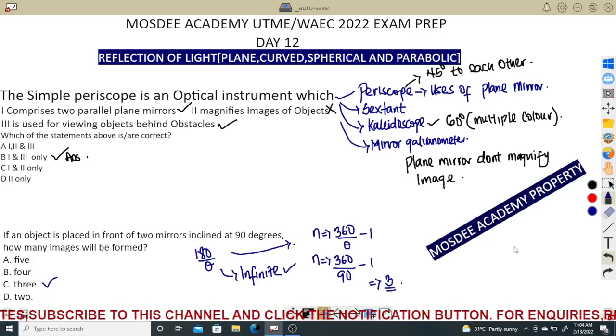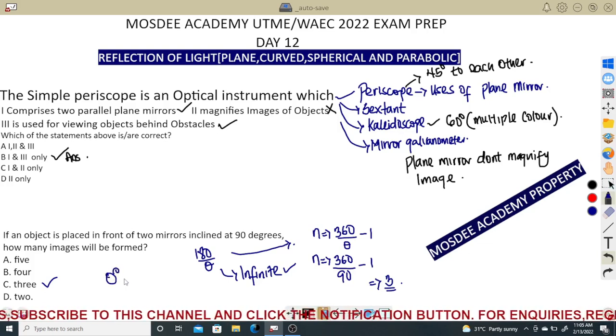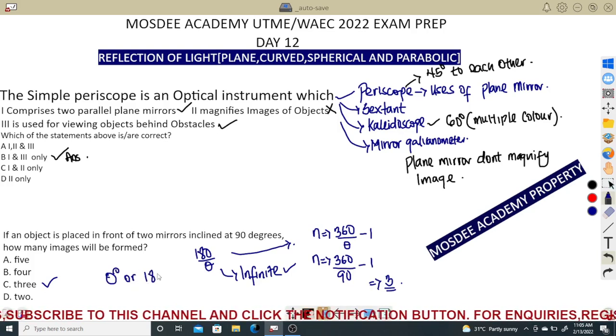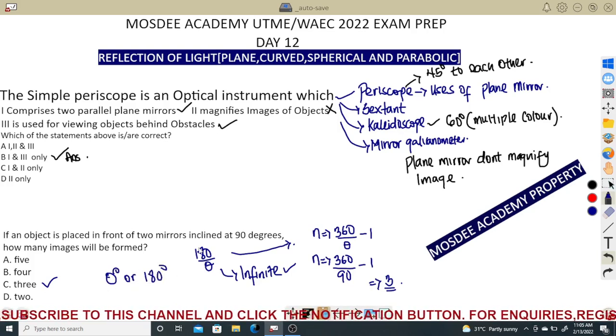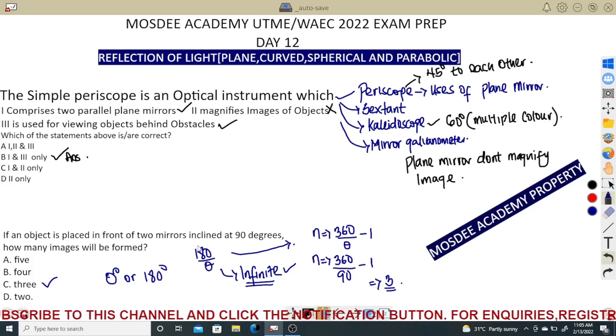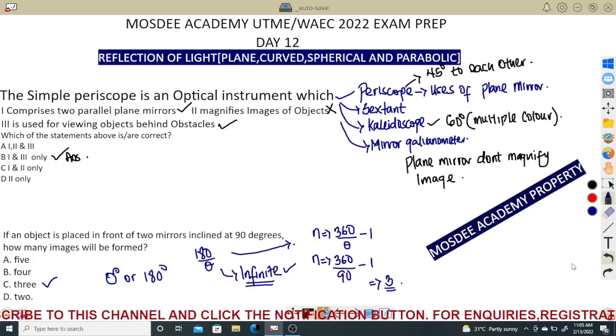An example from your junior classes is the barber's shop, where you see infinite images. When mirrors are placed at an angle of 0 degrees or 180 degrees, which is parallel, the images form at infinity. I hope you are following this and getting it.